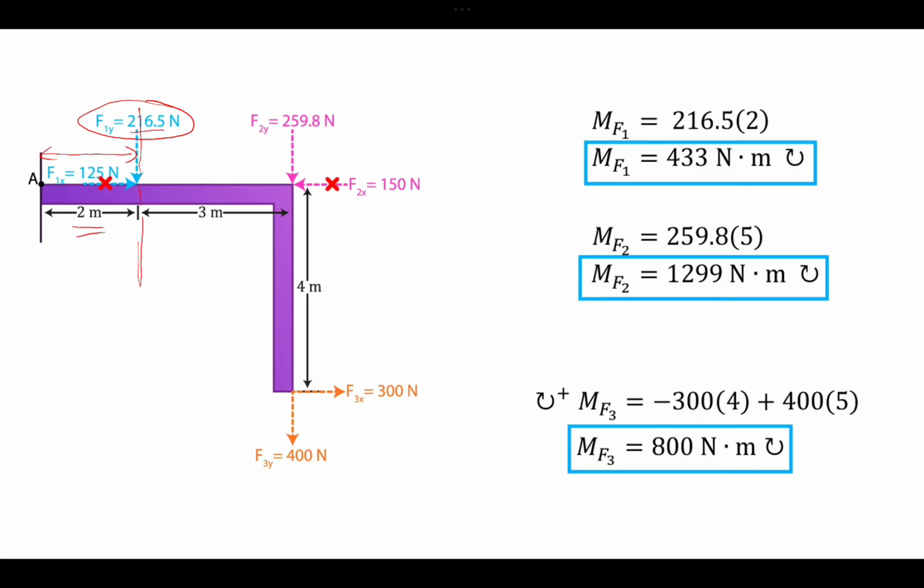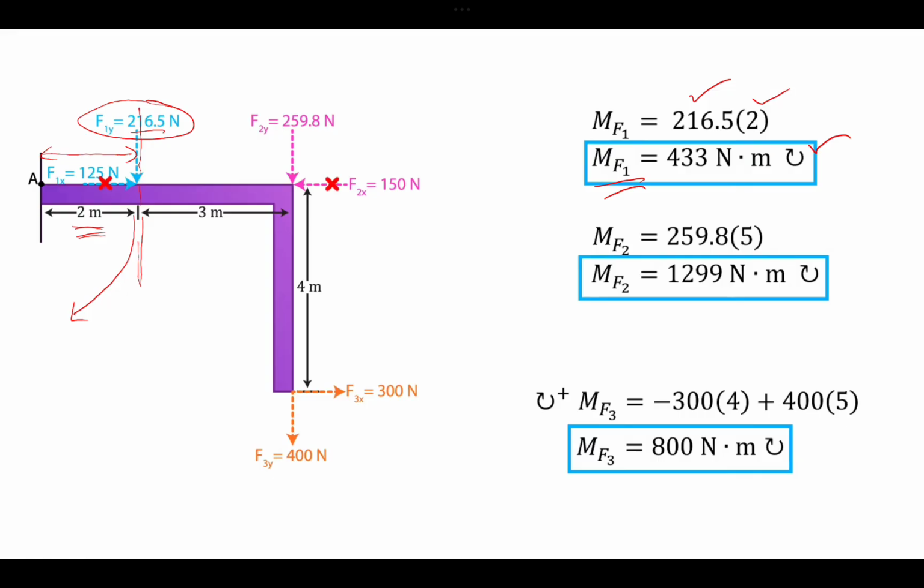So we have the force 216.5 and the perpendicular distance of 2 meters. We get the moment created by F1, and it is clockwise because it is rotating in this direction, so we also mention the positive clockwise sign with it.